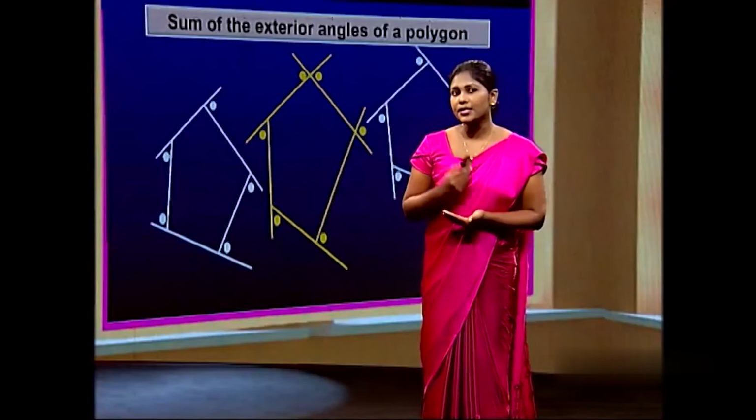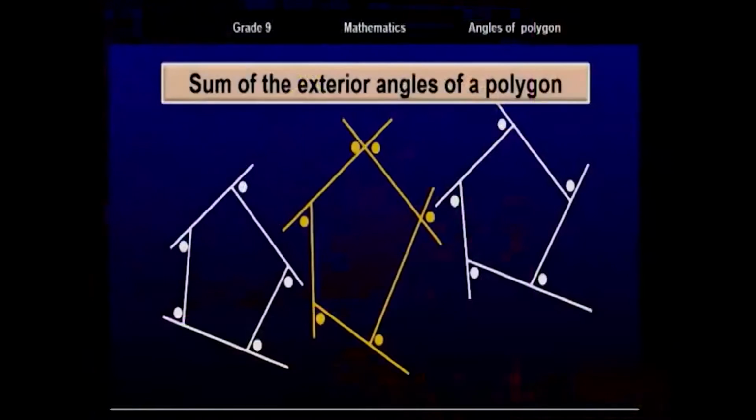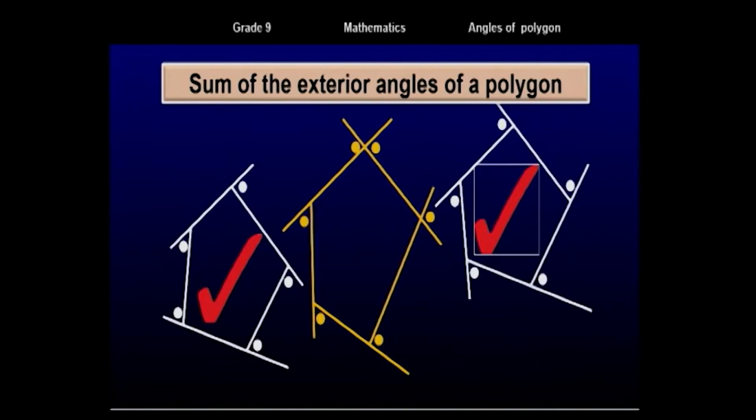Look at that. Sum of the exterior angles of a polygon. Now you can see the diagrams. There are 3 polygons here. In the first one, I marked the exterior angles. Look at the exterior angles of this polygon. Those are correct. And also look at the third diagram.